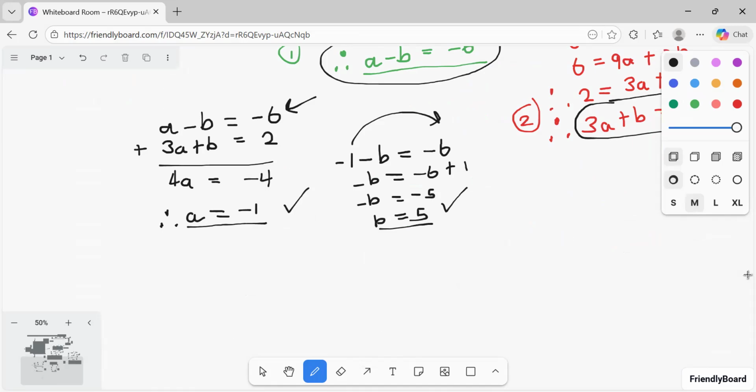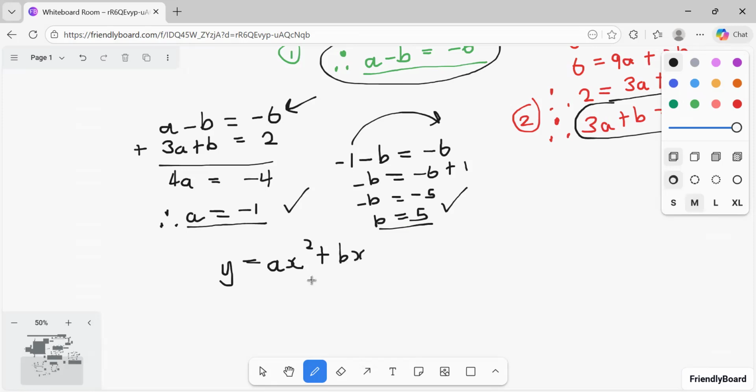So remember what we had: y is equal to ax squared plus bx. This is what we had.